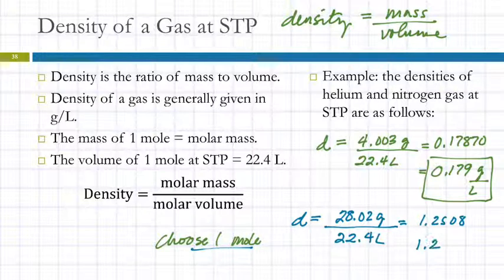So 1.25 grams per liter. So helium is less dense than nitrogen. That's why helium balloons float in air. Air is mostly nitrogen, and the helium is less dense, and so a balloon with helium in it will float. Any questions?